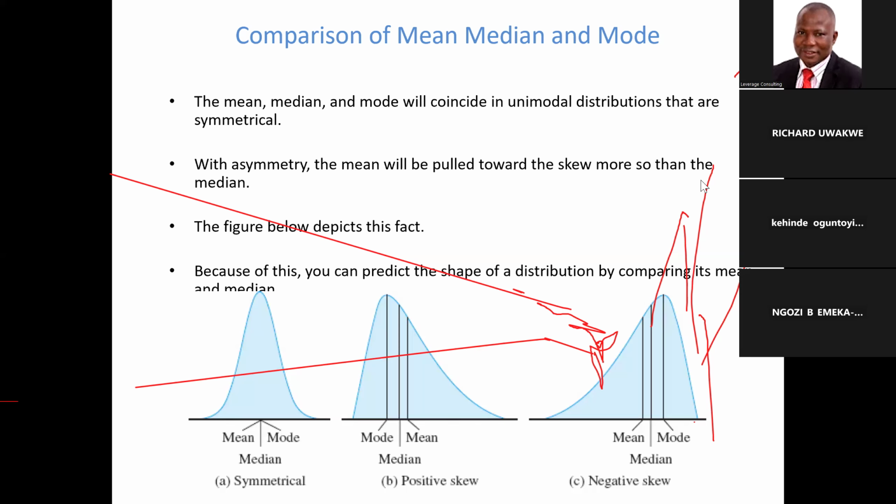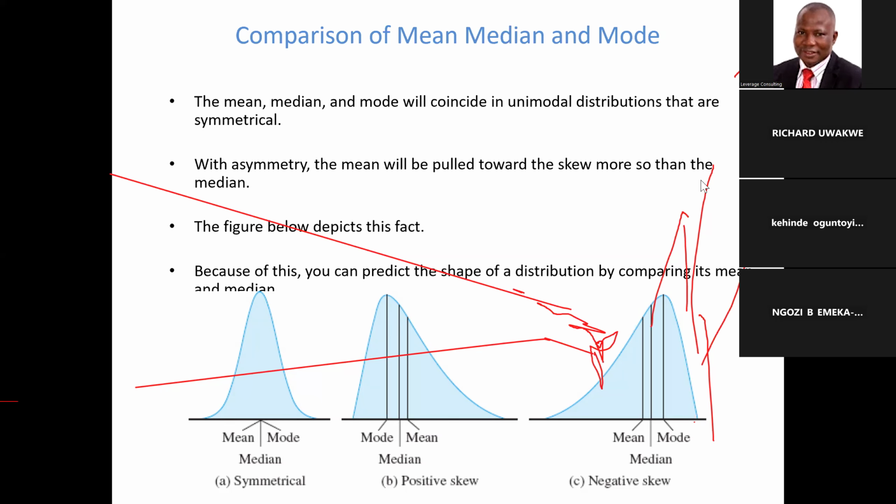Now, once there is an outlier, as I have said, once there is an extreme value that is different from the others, it will skew it. It will not make it symmetrical. That's what you see in the second one. In the second one, you will see the mode, the median, and the mean.